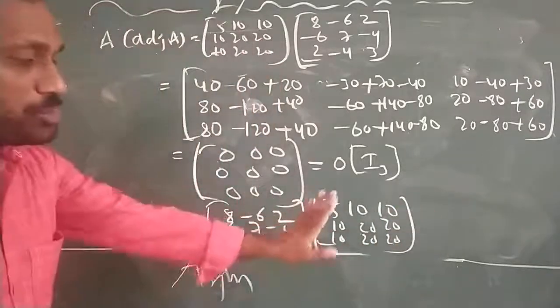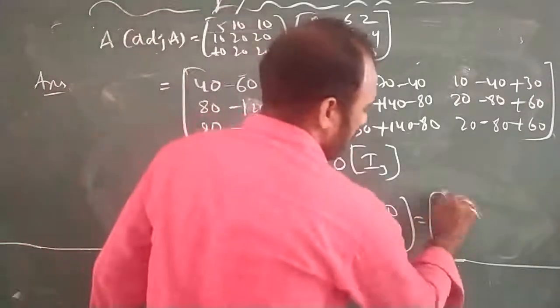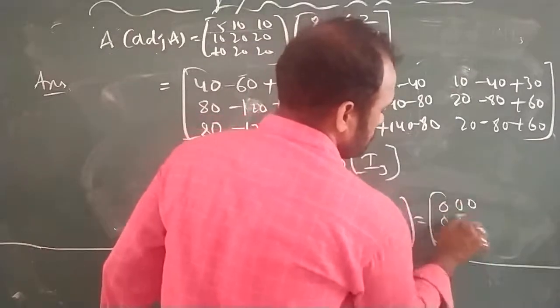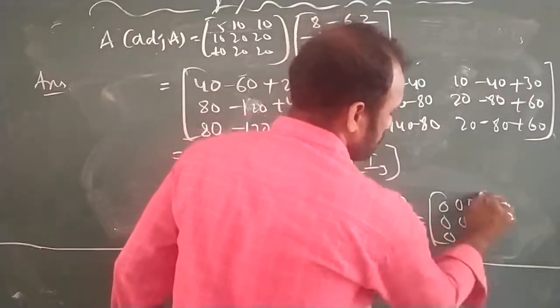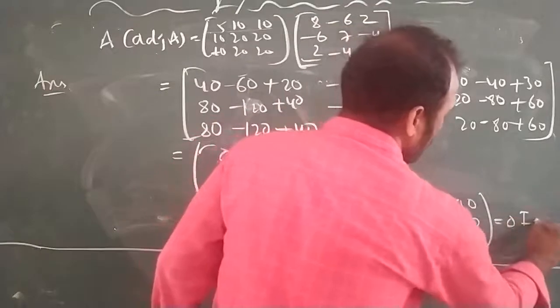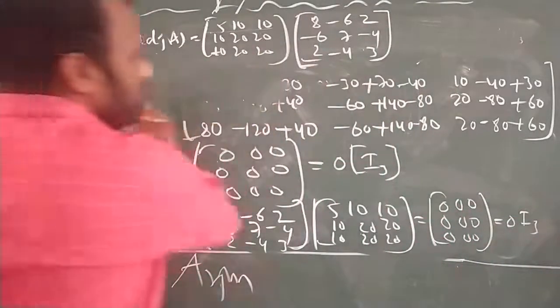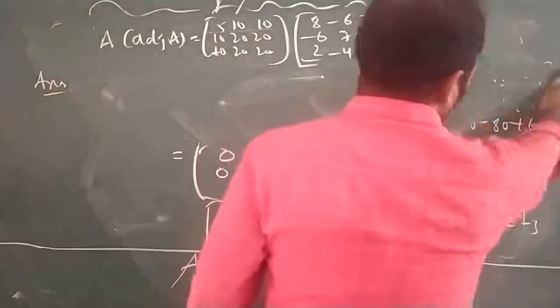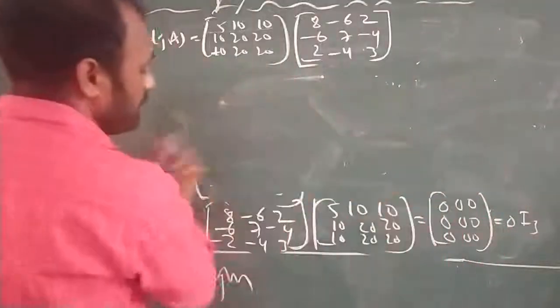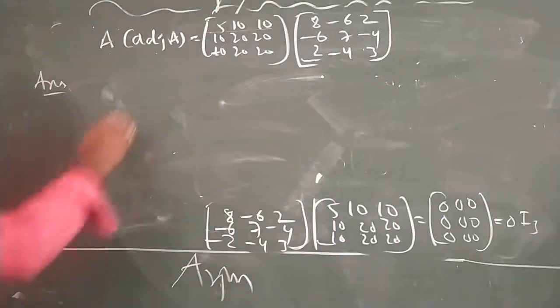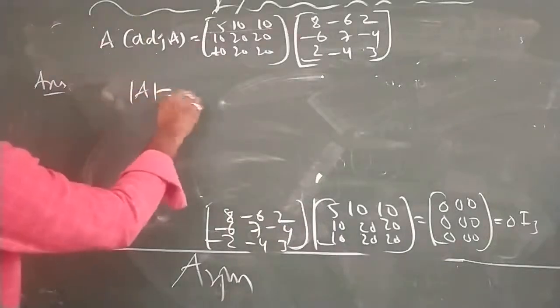If I multiply these two matrices, I am again going to get 0 0 0, 0 0 0, 0 0 0, which is equal to 0 into I. So by this I have confirmed that. Now let me first find out the mod A value. After getting the mod A value, we will get what type of matrix it is. So let us find out the determinant mod A.